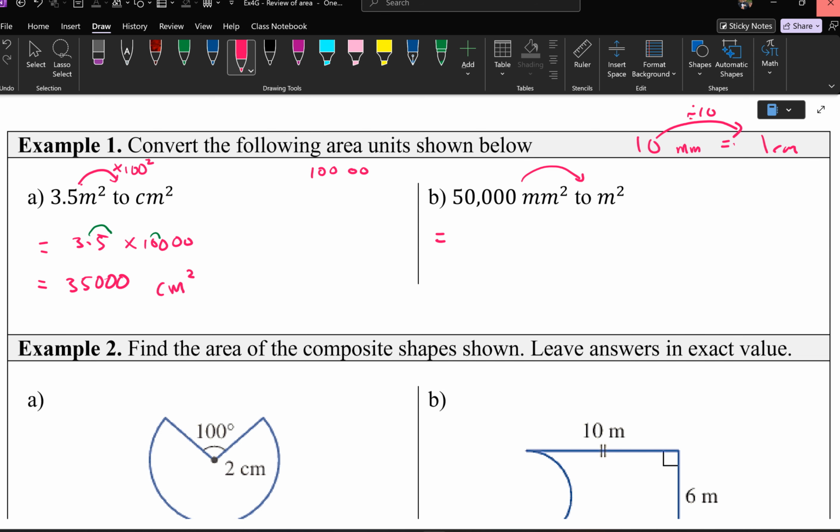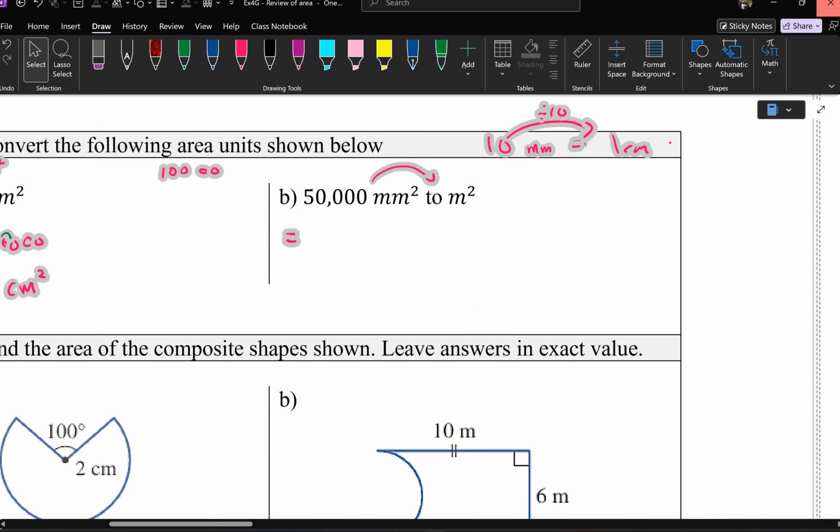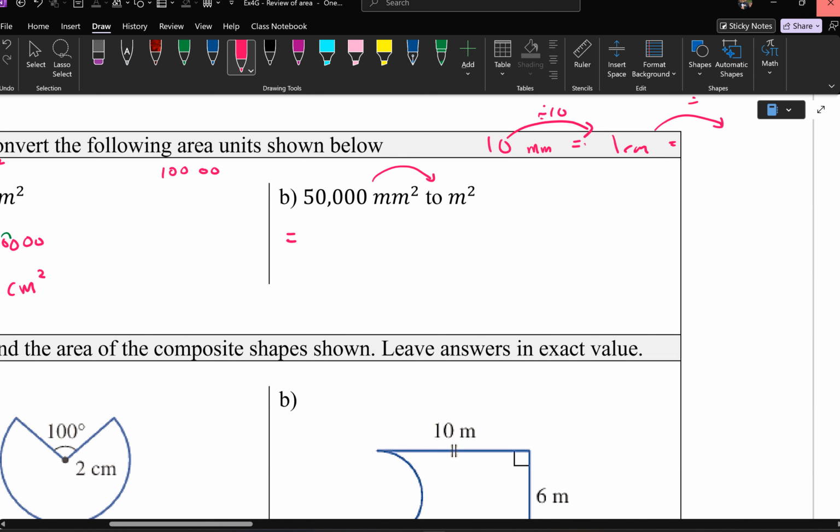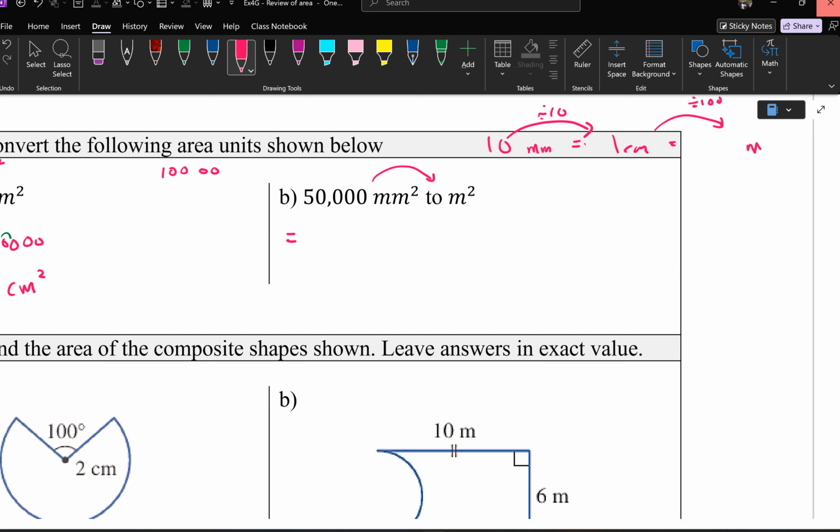So now that we know, so we divide by 10 to get to centimeters, but then we then need to divide by 100 to get to meters. So together, you are dividing by 10 with another 2 zeros is 1,000, but because it's area units, it's 1,000 squared. Make sense?